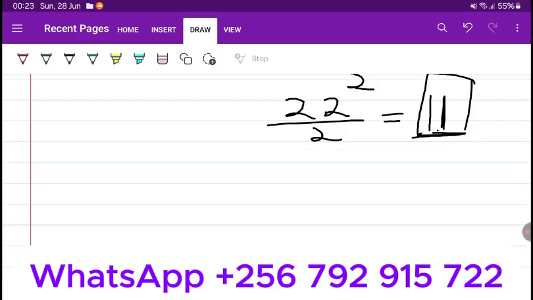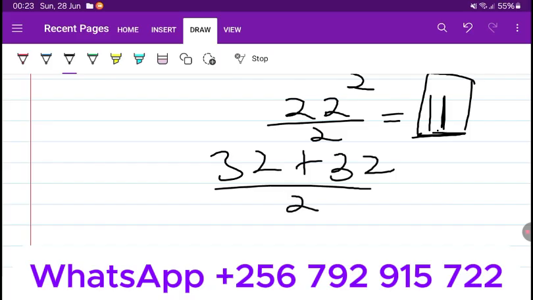So what we just did, we lost one item on the right and then one item on the left. The numbers were 32 plus 32, then we divide this by 2, because these are the two numbers in the middle.